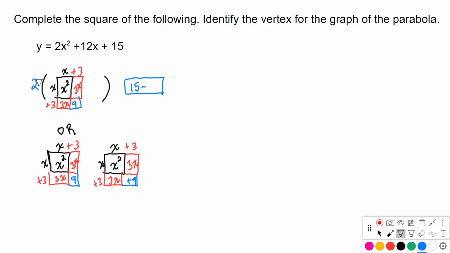So in this first method, I do have to take the 2 times the 9 to subtract the 18. If I look at this method, where I drew them individually, the total is 18 units. So again, I'm going to take 15 and subtract 18.